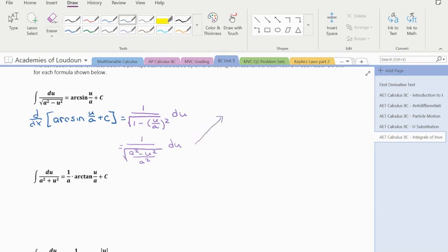Further simplifying, we have 1 over the square root of a squared minus u squared, and since the square root of a squared is a, this gives us our final formula, 1 over the square root of a squared minus u squared du.